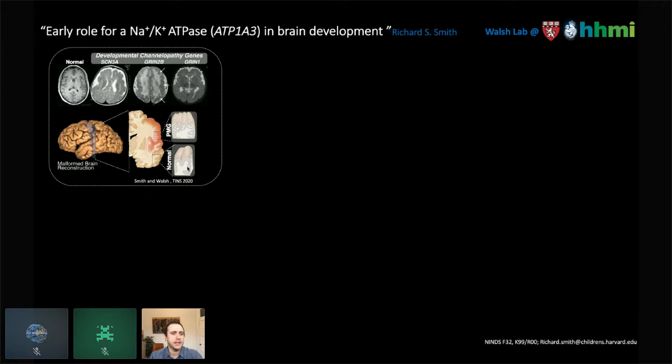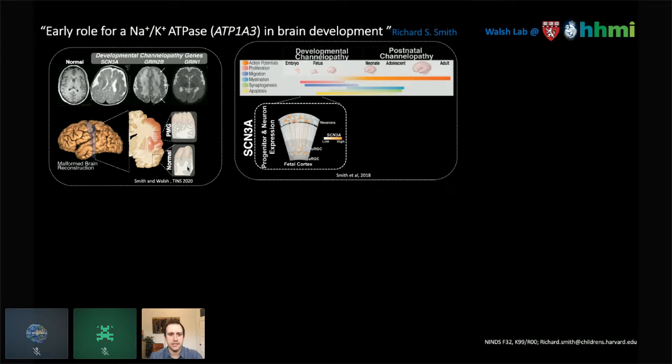So we wanted to study a cell type basis of this particular disease, and one of the things that we identified from this study when looking at SCN3A was that not only was the voltage-gated sodium channel present in the cortical plate where the neurons are, but we also found pretty abundant expression in the outer radial glia, the dividing progenitor cells.